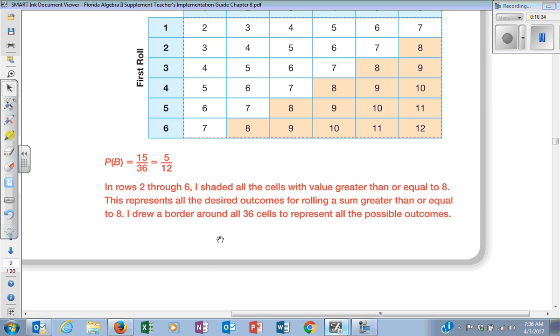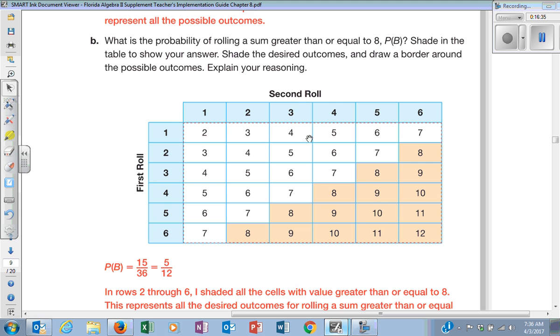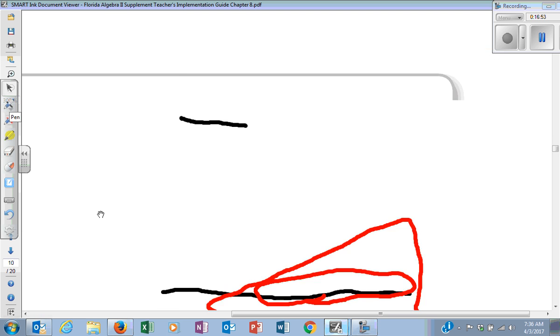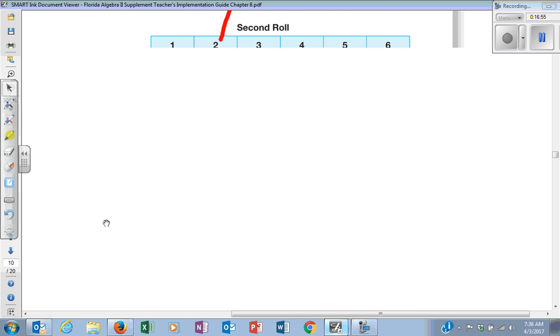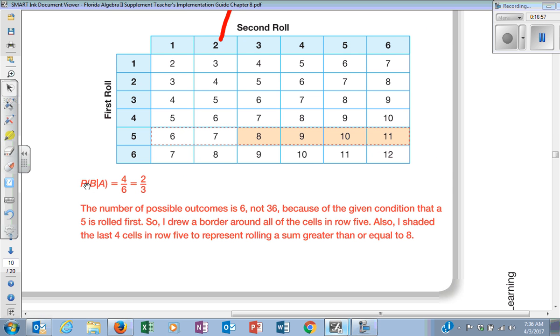Probability of B was right here. This right here is probability of B. Do you see where it says it right there? And the probability of B is rolling an 8, or the sum of them being 8 or higher, correct? And there was how many of them? 5 out of 12. Now I go down here, because I know they're setting me up for this question, and they say the probability of B given A is now what? 2/3.